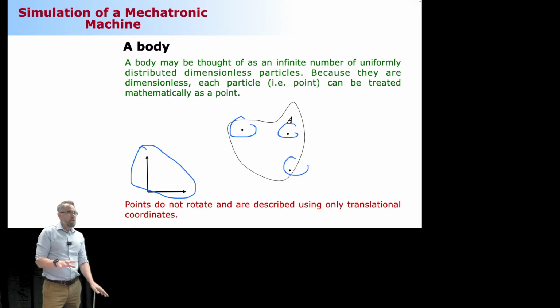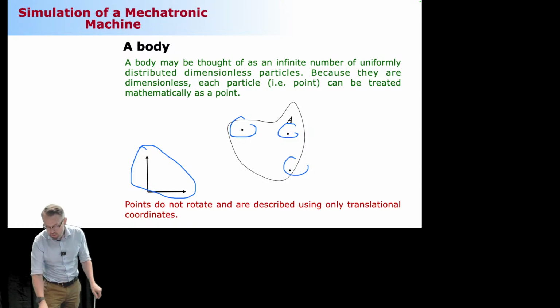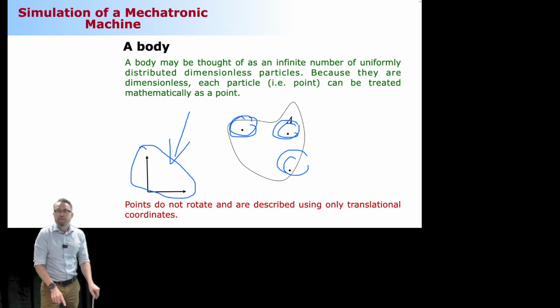Keep in mind that in reality, this consists of more than 3 particles. There is actually an infinite number of those particles. But now what I want to know is where each of these particles is located with respect to this guy, the reference coordinate system. That's what I'm aiming for.